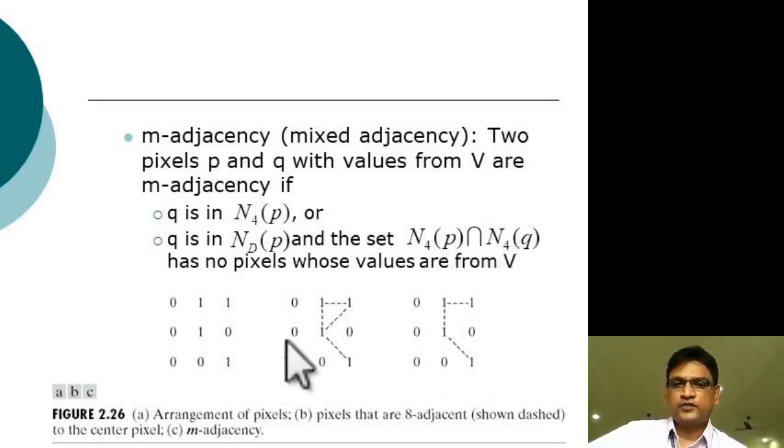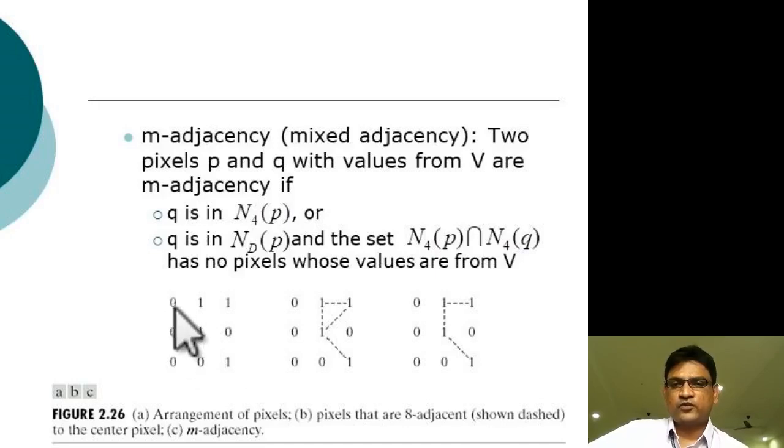Here is an example to understand the concept of adjacency. Here V equal to 1 is given. That means we have to establish a path between the values. First examine this one. This is a value 0, and V is given as 1, so discard. From here you take down. From here, what are the 8 neighbors? 1, 2, 3, 4 and 5.